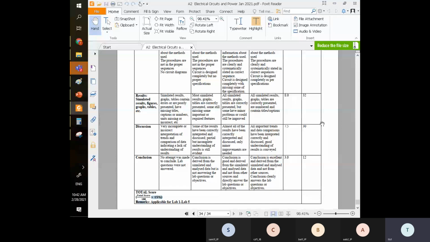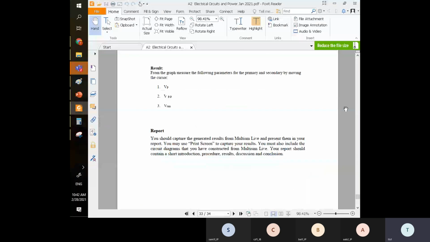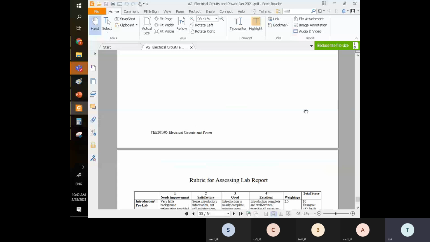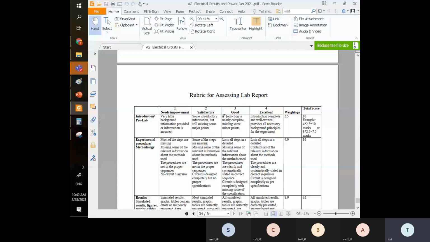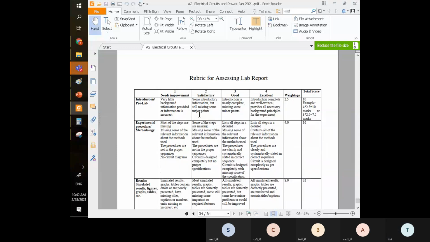If you didn't write a good introduction, the weight is only 2.5, so 2 times 2.5, you still get something, right? But the procedure is already provided here. You cannot say you don't have the right procedure.